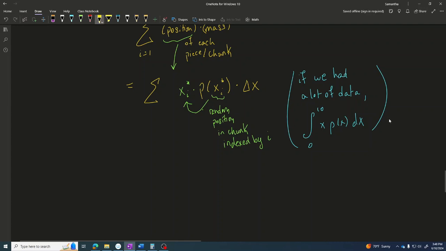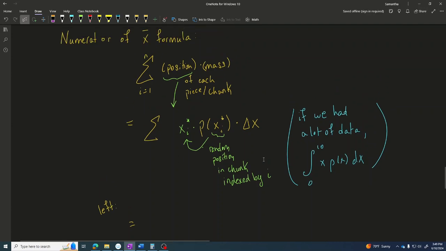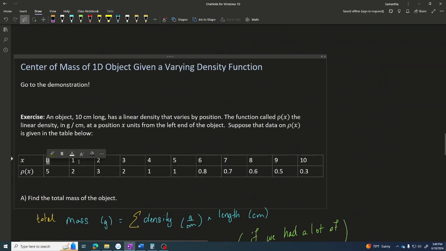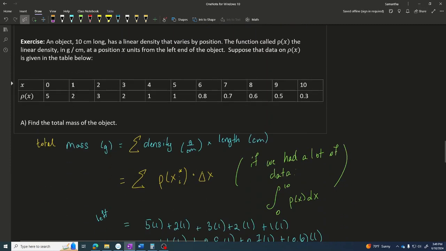Now, once again, my fondness is for a left sum. So on each chunk, each piece of this sum, my preference is to use the left end of the x's and the left end of the y's. So I'm going to be using, for example, x equals 0 on the first chunk and y equals 5 on the first chunk.